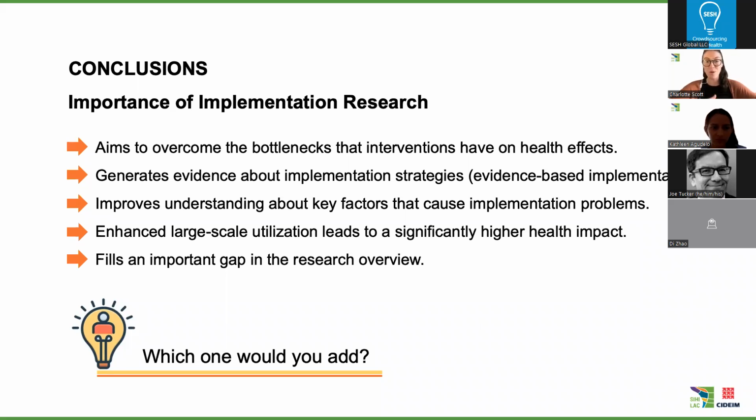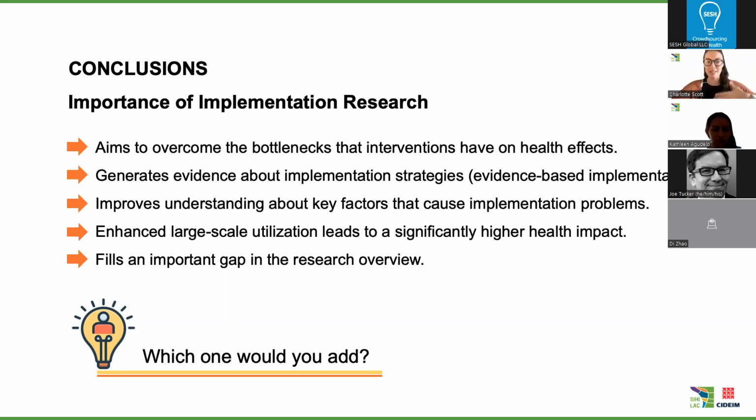It improves overall understanding about the key factors that cause implementation problems, remembering that across different communities and populations, these implementation problems, even for the same intervention, are different and have different effects. And then enhanced large-scale utilization leads to significantly higher health impact.